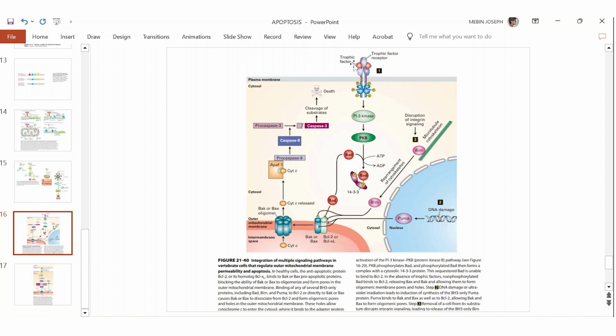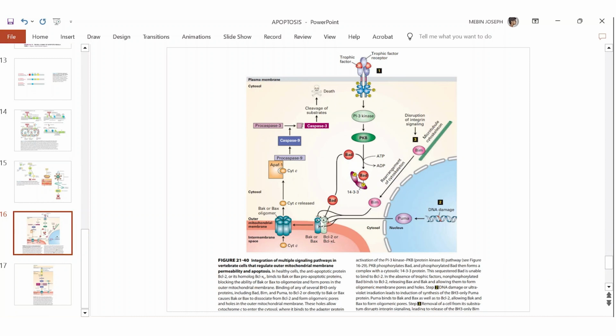So whenever the cell is growing, growth factor will be released and will keep binding on its receptor. With the help of that signaling, the BH3 family protein BAD will always be phosphorylated, and phosphorylated BAD will always bind with a 14-3-3 adapter protein. Thus, our BH3 family protein is not able to bind with anti-apoptotic protein.